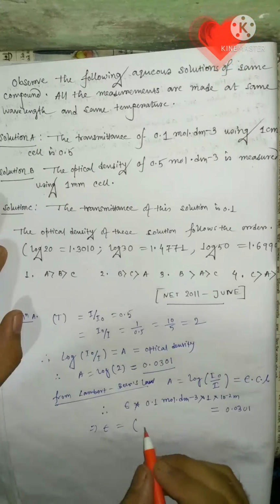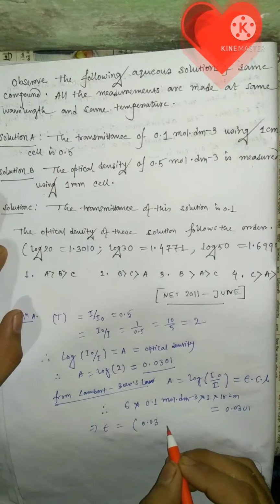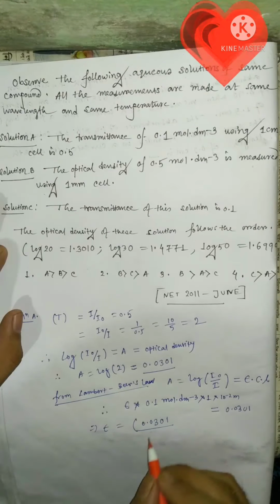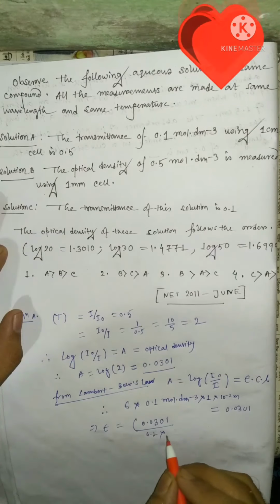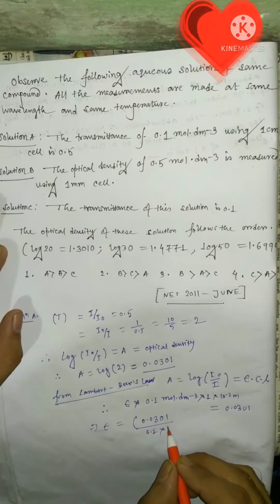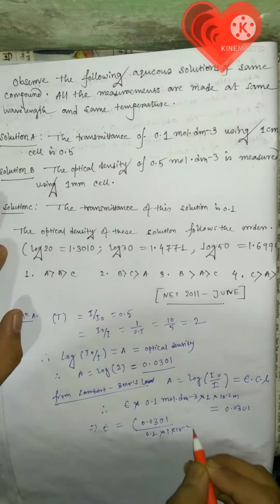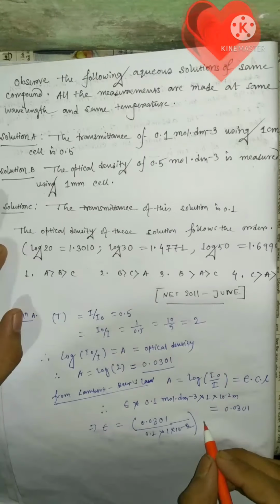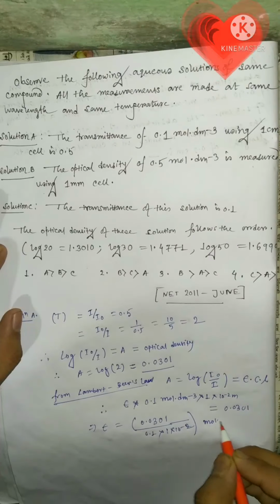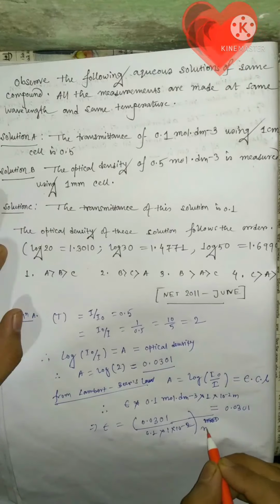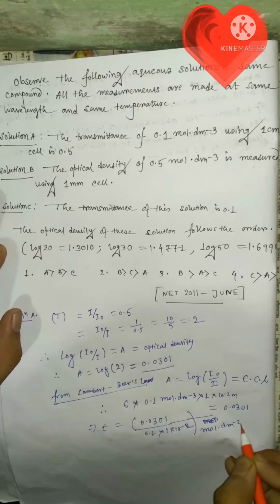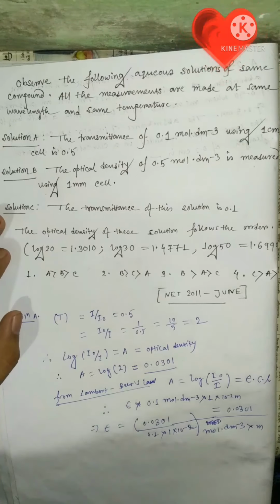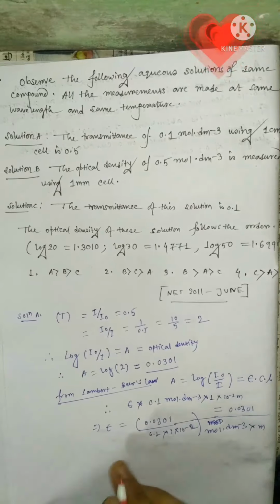So epsilon equals 0.0301 by 0.1 into 1 into 10 to the power minus 2, with units mole decimeter cube meter. Okay, clear.